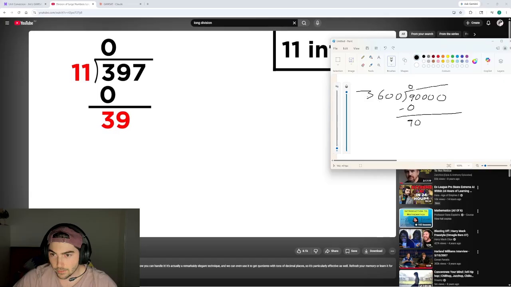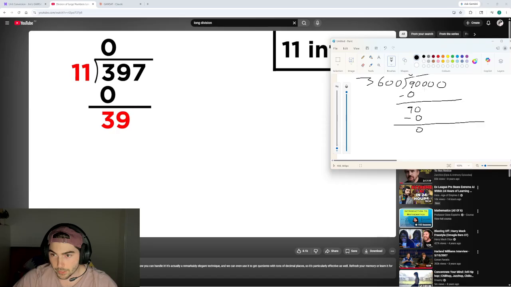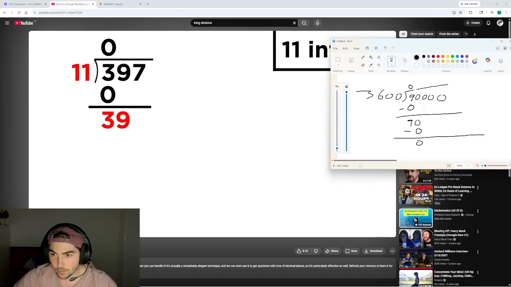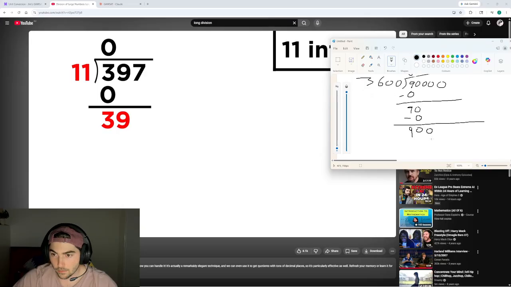Okay, so do it into 90. It'll be 0, so put a line underneath. Well, you need to do 90. 90 minus 0 is 0, I mean, sorry, 90 minus 0 is 90. Then you bring down the next 0. Great, 3,600. And then you divide by, what do you do, 900 now?